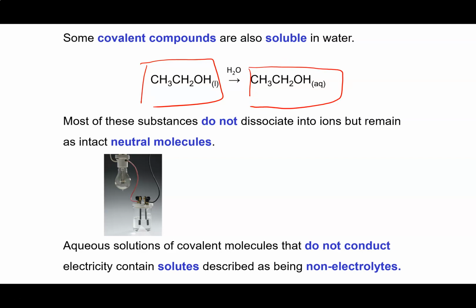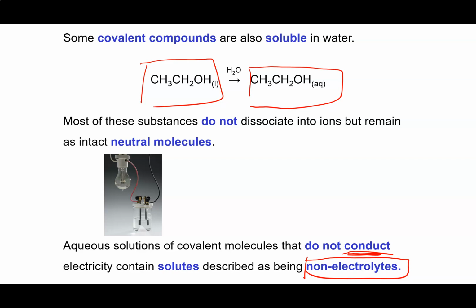So solutions of covalent compounds don't dissociate into ions. They remain as intact neutral molecules, and these kinds of solutions are what we call non-electrolytes because they are unable to conduct electricity. There are no mobile electrically charged particles.